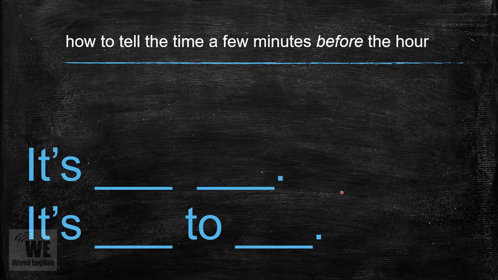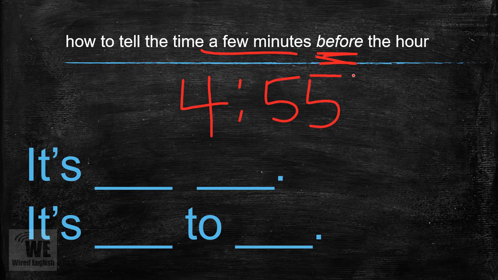All right. Now, how do we tell time when it is a few minutes before the hour? For example, this, 4:55. Well, the easy way to say it is it's 4:55.